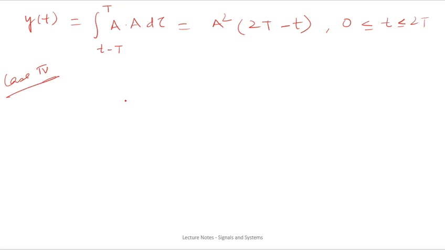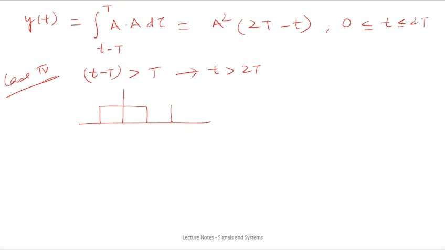and you can take one last case as well, that if this t minus T is greater than T, or it can also be written in this form. So if this is the case, then what will happen? This is x of t and this is h of t, this is x of tau and this is h of t minus tau.